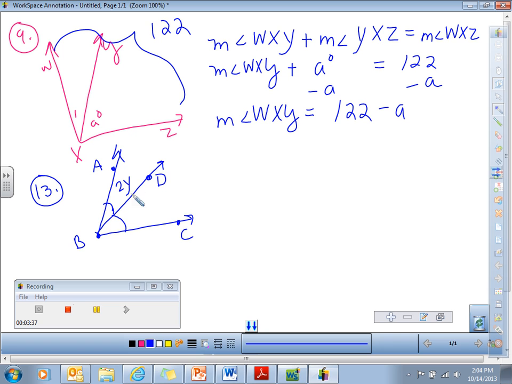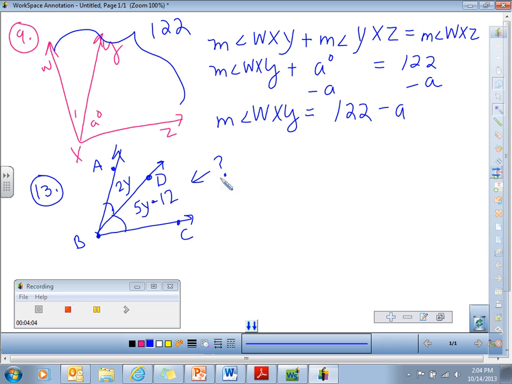And then it says the measure angle WXD, which it should say DBC. I think this is a combination of two problems and the letters that you changed. So this should say DBC is 5y minus 12. So this angle is 2y. This angle is 5y minus 12. And we want to find the measure of this angle.